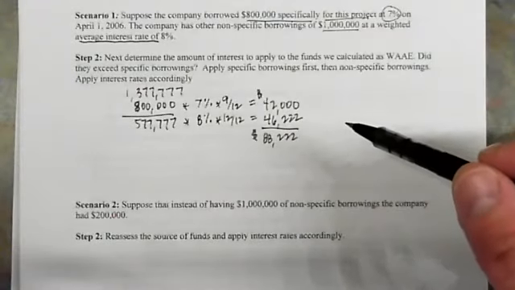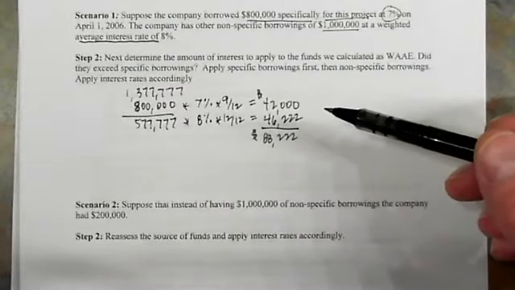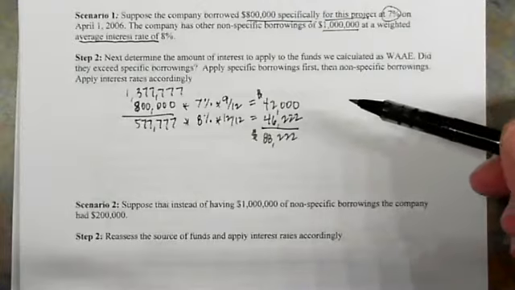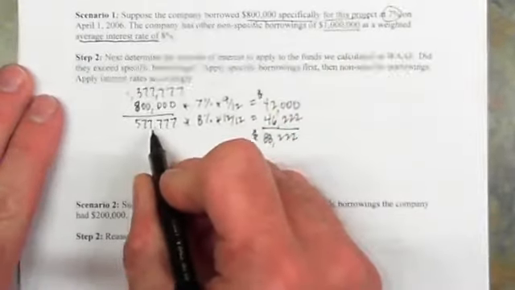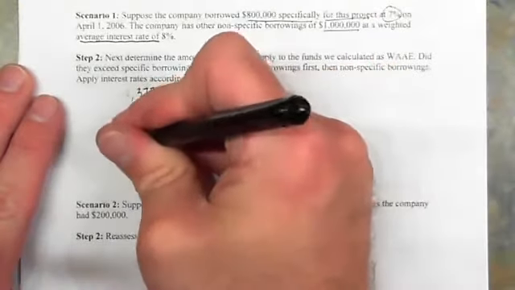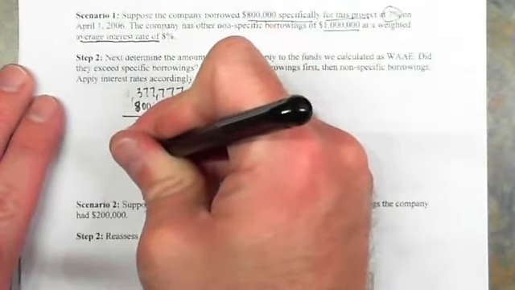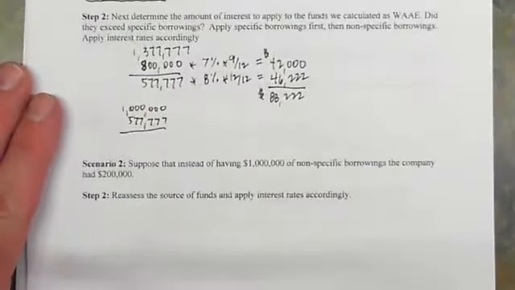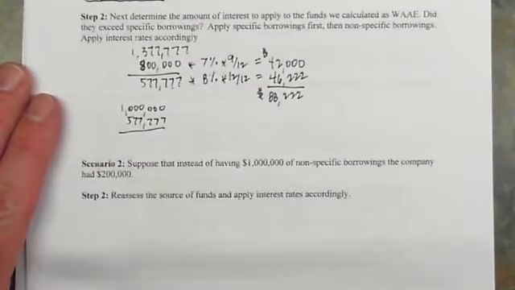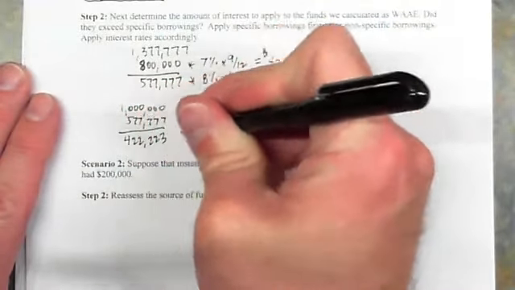Now, how much do we expense at that point? The question of how much we expense would be answered by saying, all right, since I applied 577,777 to the 1 million, I have 422,223 remaining.